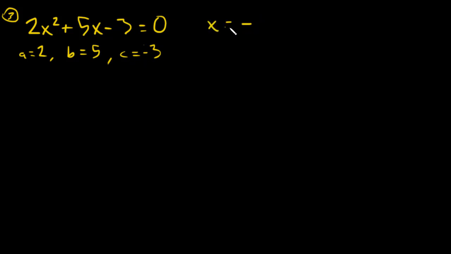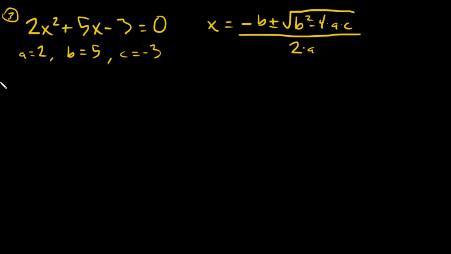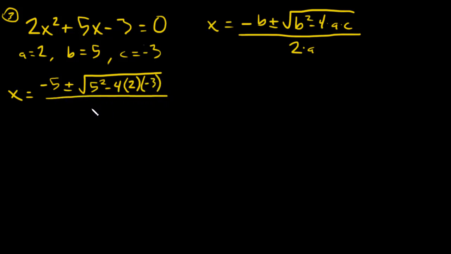So x equals negative b plus or minus square root of b squared minus 4 times a times c, all of that divided by 2 times a. Okay, so I can set that up now. X equals negative b, so negative 5, plus or minus the square root of 5 squared minus 4 times a, 2, times c, negative 3, all of that over 2 times a, so 2 times 2.